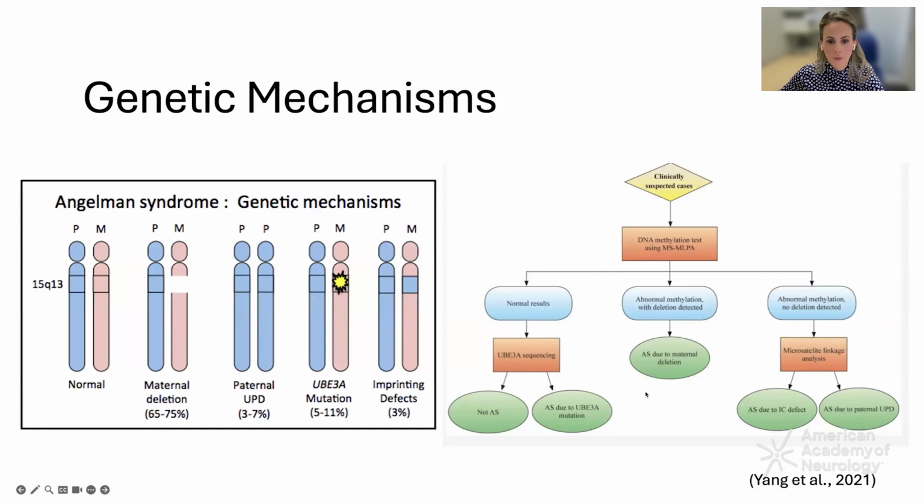shown here. For suspected Angelman syndrome cases, methylation analysis of the chromosome 15q11 to 13 region can be performed using the methylation-specific MLPA, and about 70 to 75% of people with Angelman syndrome have a deletion and are missing a segment from chromosome 15.